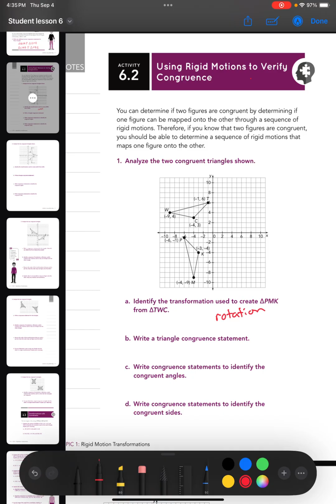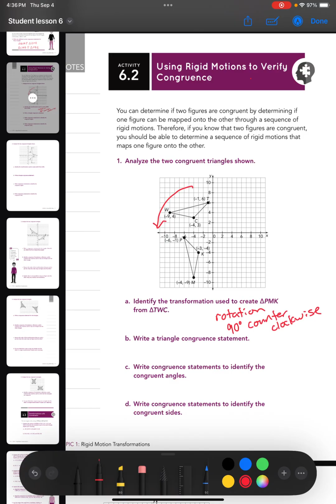Also notice it has moved one quadrant, so we're looking at a 90-degree rotation, in a counterclockwise direction. So 90 degrees counterclockwise would be my hypothesis to test here.